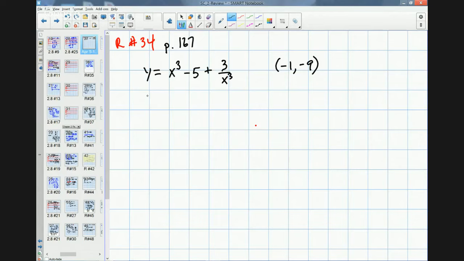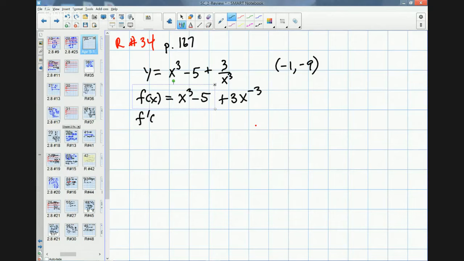I would rewrite that as f of x equals x cubed minus 5 plus 3x to the minus 3. Now, because we're trying to find the tangent line, we need the derivative to find the slope of the tangent line.